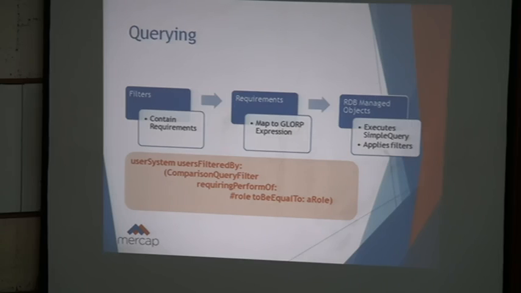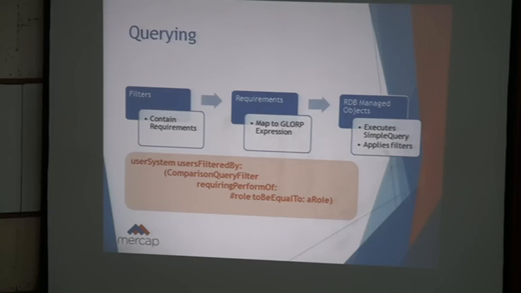Those requirements then are mapped to Glorp expressions, then Glorp maps the query to the final SQL query string. And in memory, it just translates again to a select. It's an object that returns true or false in the select clause, and it applies.